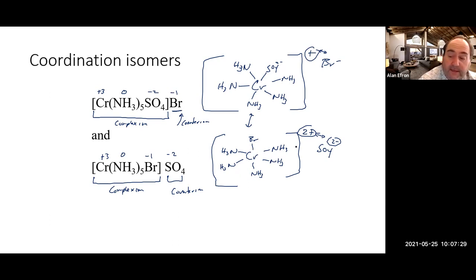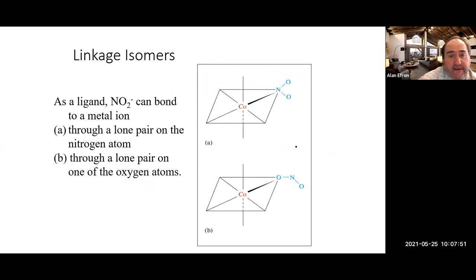In one case, the sulfate is part of the complex ion. In the other case, obviously it is not. Any questions on that? These two complex ions probably would have some different properties. Again, one has sulfate in there, one has bromine. They also have different charges, so they'll have a different effect.